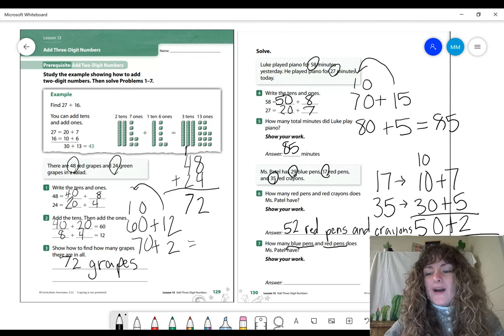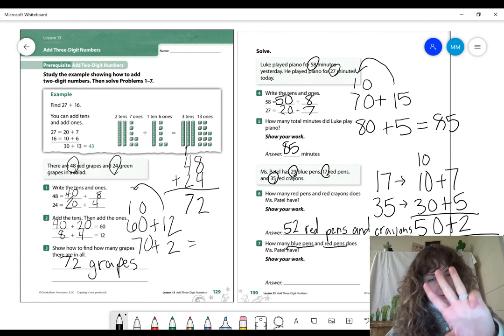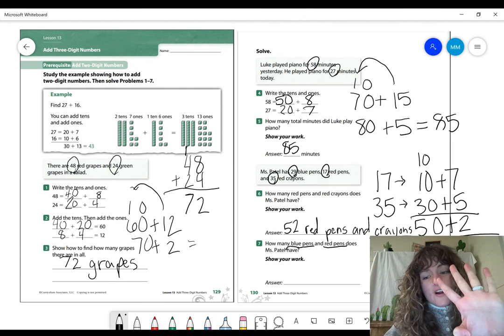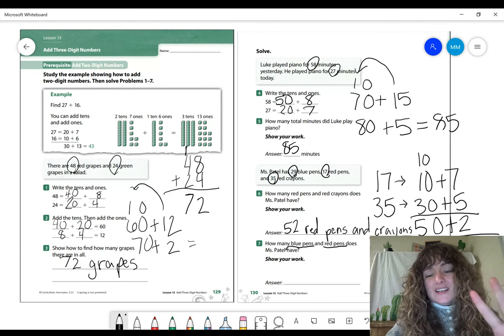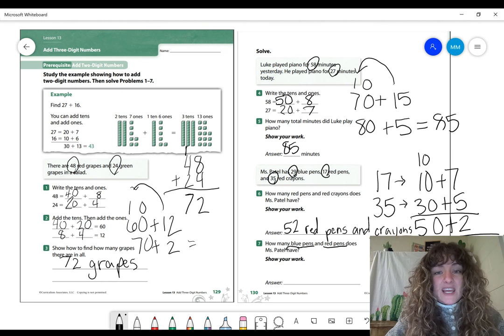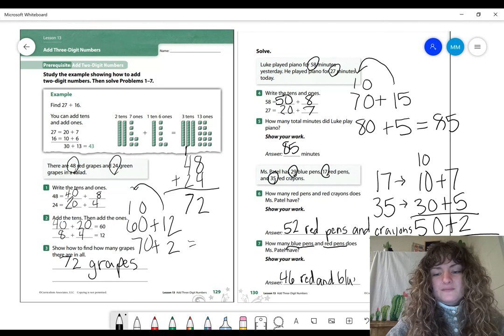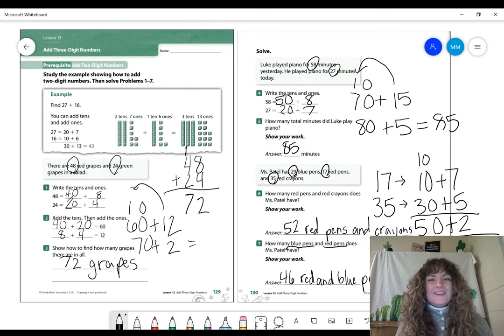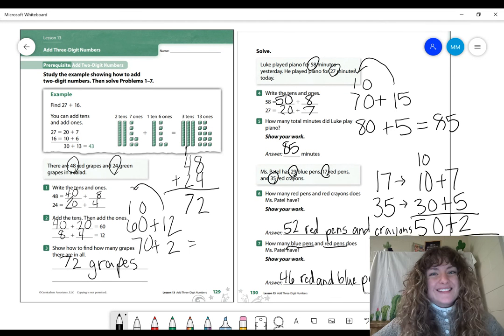So now I can add all my tens together. 1 plus 2 plus 1. 1 plus 2 is 3 plus 1 more is 4. So 40 plus 6 would be 46 red and blue pens. All right. Wow, that was quite the lesson, right?